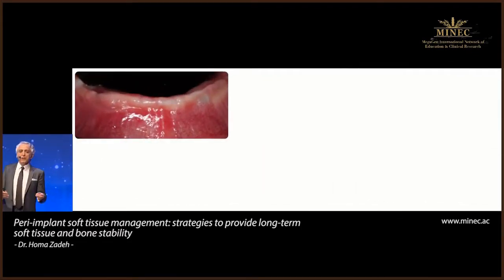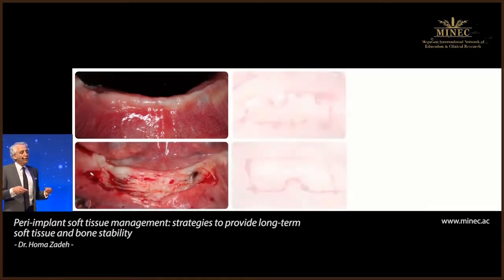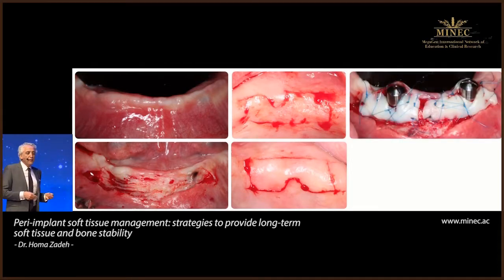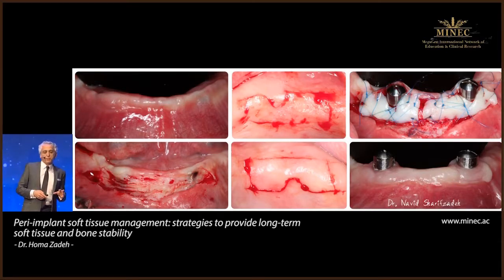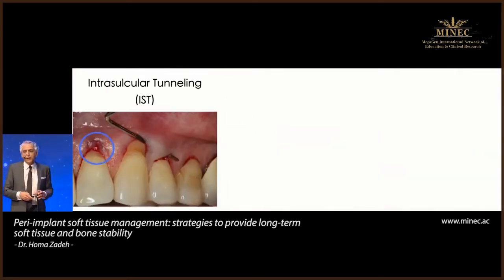But if it's a non-aesthetic zone, free gingival graft could be a very useful technique to increase the vestibular depth, increase the thickness of the mucosa, and increase the surface keratinization. It works very well, but the downside is that the color and the texture don't match the surrounding tissues. Then there are other techniques that have been utilized around teeth, and some people have adapted these around implants.